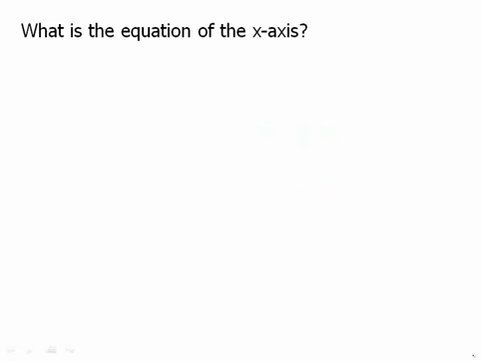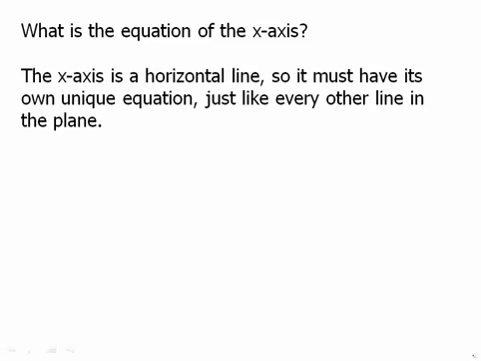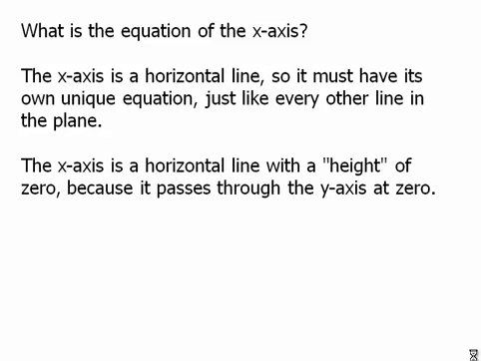What is the equation of the x-axis itself? Now that's interesting. The x-axis is a horizontal line, so it must have its own unique equation. Every line in the xy plane has its own unique equation. Well, the x-axis is a line, so it must have its own unique equation. Well, let's think about this.